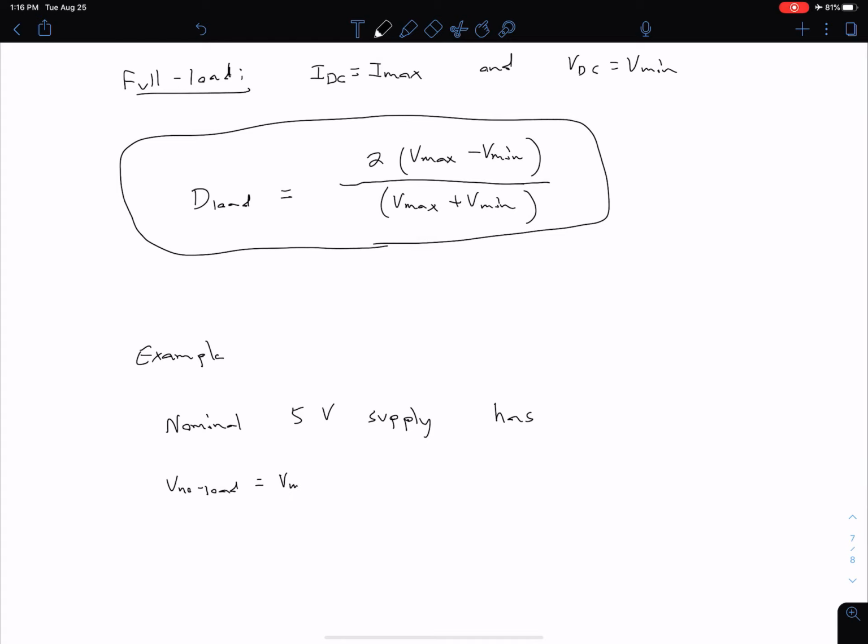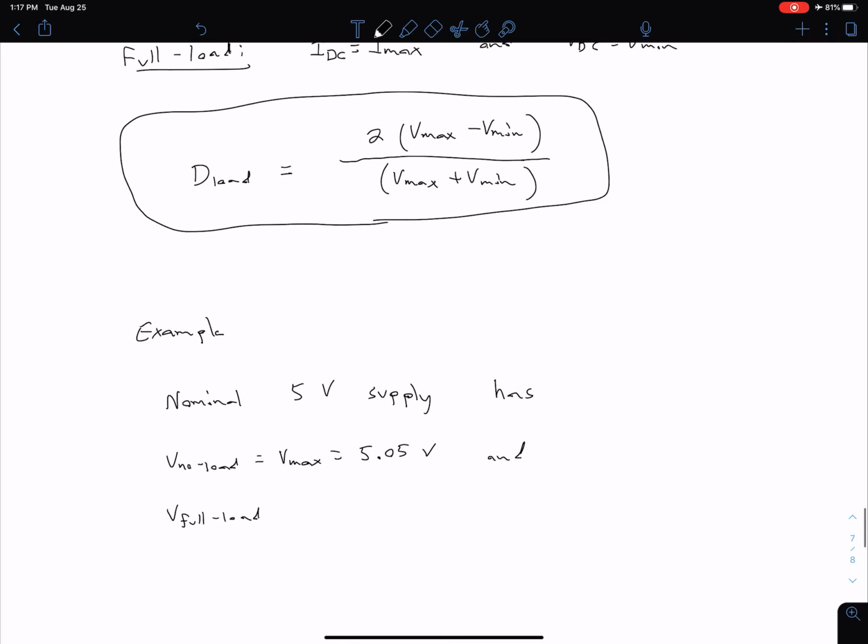So we can go ahead and write V max is equal to 5.05 volts. And we're told that our V full load, which again, looking up here, we know that's going to be V min. So we can put V min is equal to 4.95 volts. And so what we want to find is, of course, our D load, our load regulation.